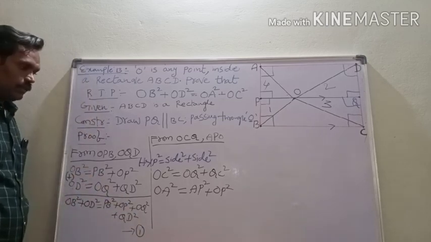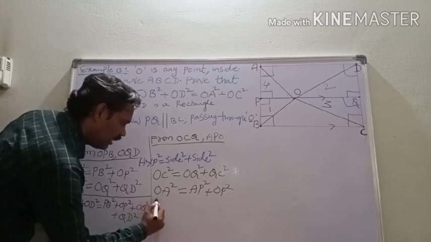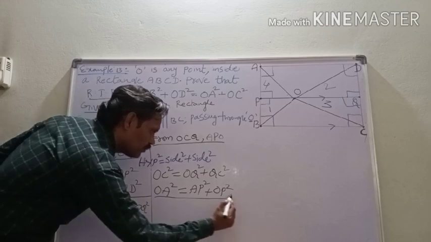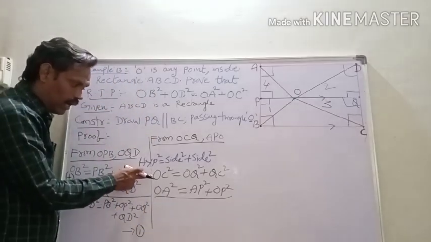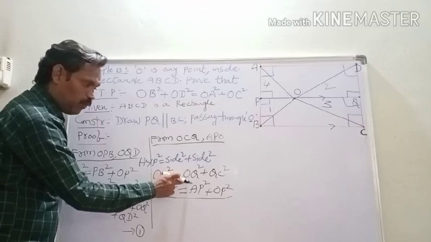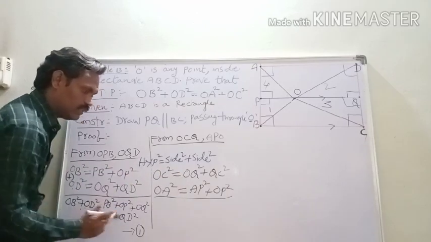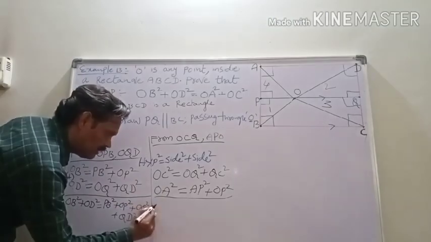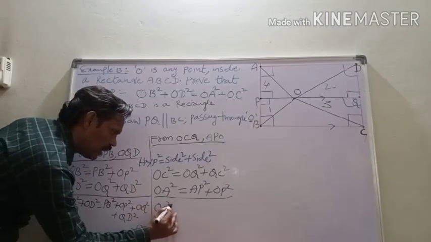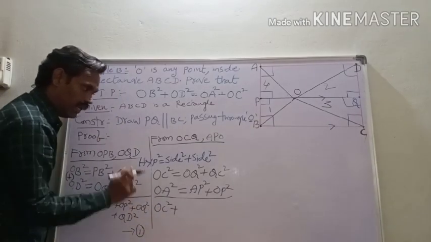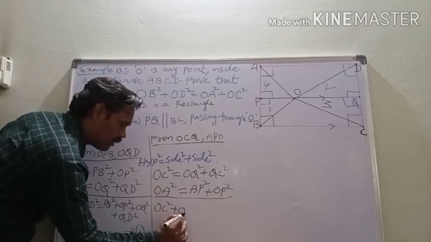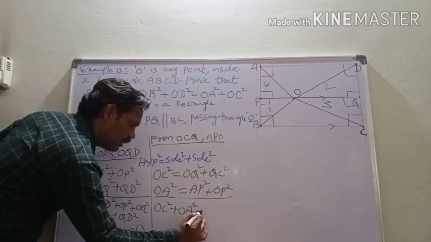Then come to this side. Here also we are going to add. You have to add both LHS and both RHS. First LHS is OC square plus the second LHS, OA square, is equal to.